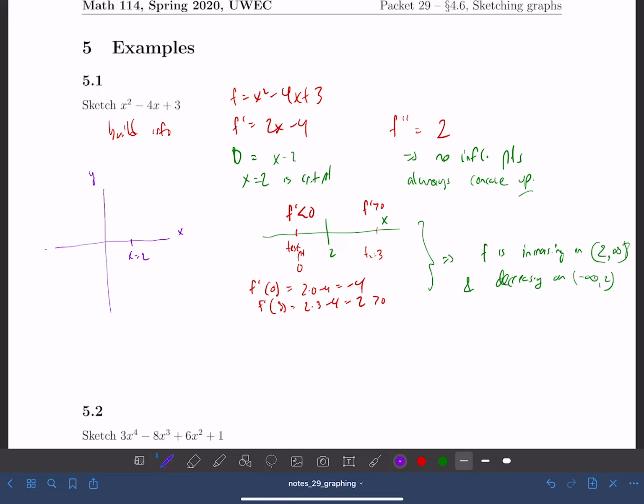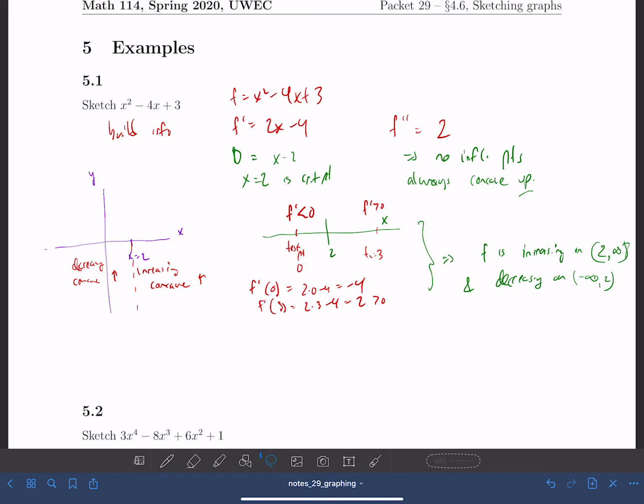Cool. So I know that over here, decreasing and concave up, increasing and concave up, because this splits at x equals 2 at that critical point.